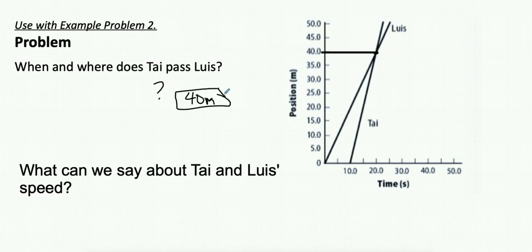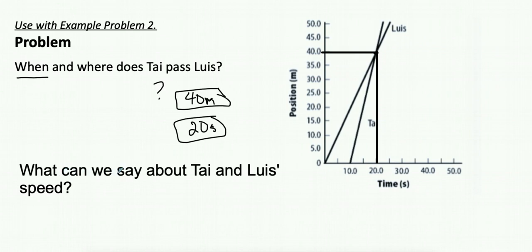If we wanted to answer the question of when, we could use another line. If you didn't have a line tool like this, then a ruler is amazing. So that's at 20 seconds. So 40 meters and 20 seconds. That's when Ty passes Luis.